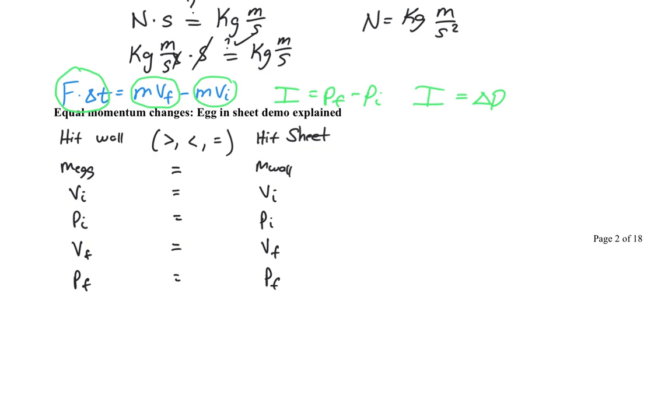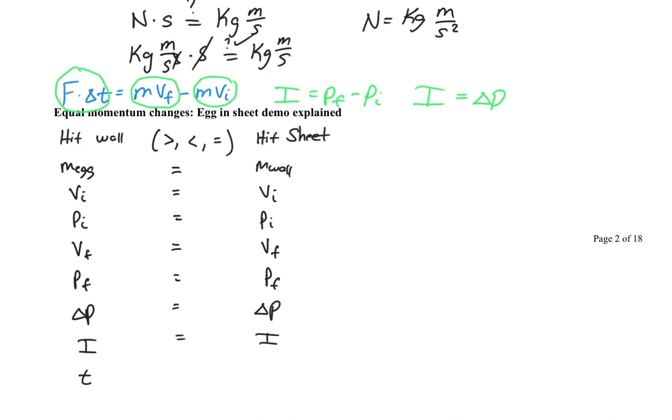Well, if the final momentum is the same for each egg, and the initial momentum is the same for each egg, that means that the change in momentum for each egg was the same as well. They each had exactly the same change in momentum. Well, given this equation right here, they must also experience the same impulse. So each egg experiences the same impulse.